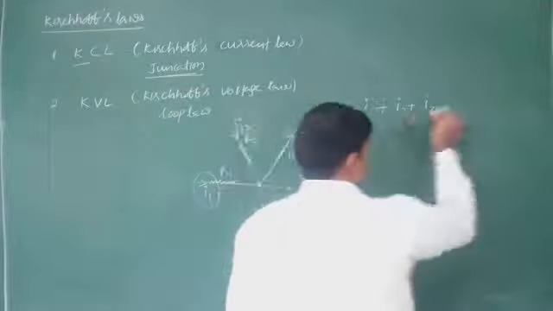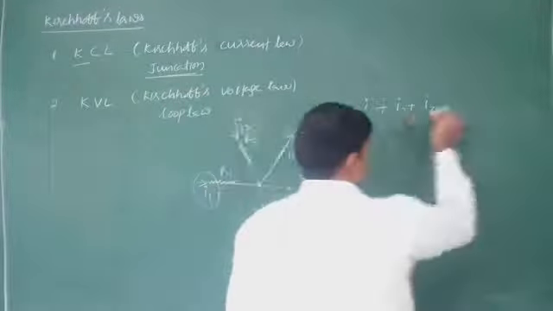Apply KCL at point B. What is the current entering the junction? That is I1. Current leaves the junction as I3 and IC.